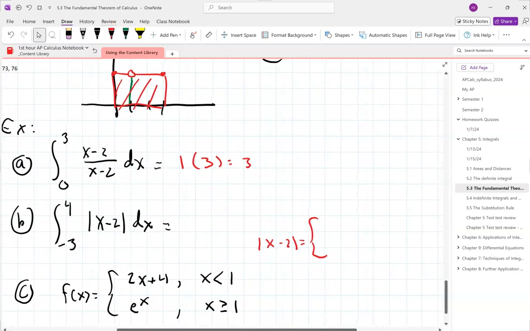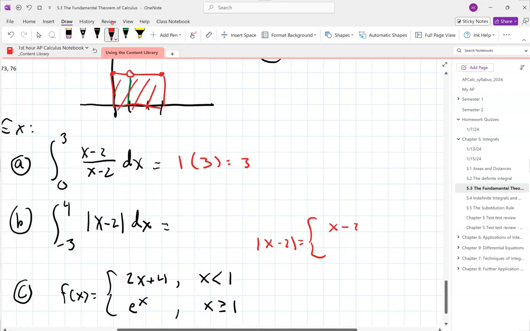So the absolute value of x minus 2 is just equal to x minus 2, provided x is greater than or equal to 2, right? Because any values bigger than or equal to 2 are going to give you a non-negative for x minus 2, right?